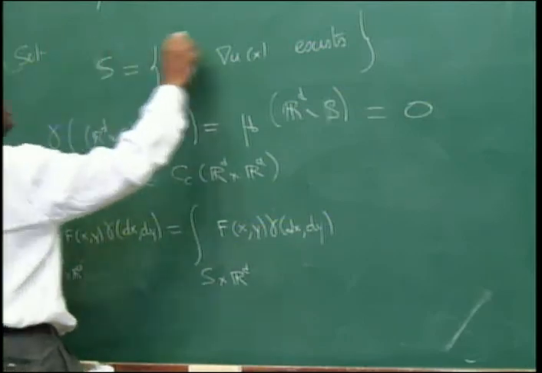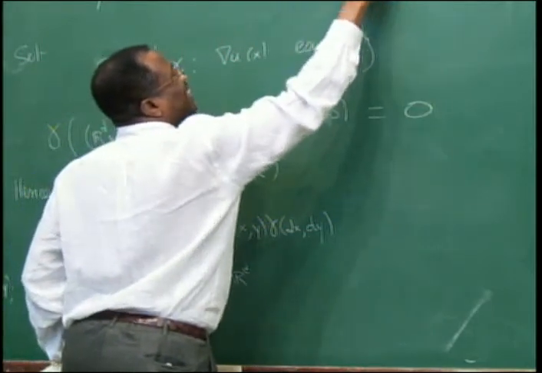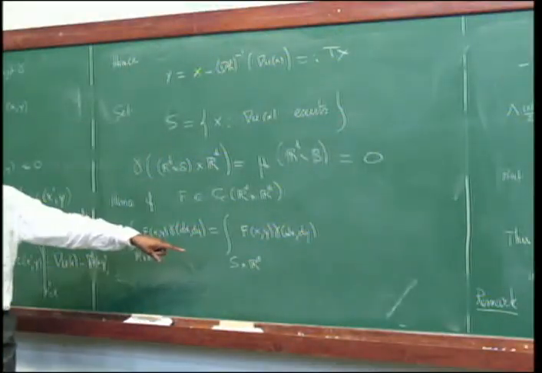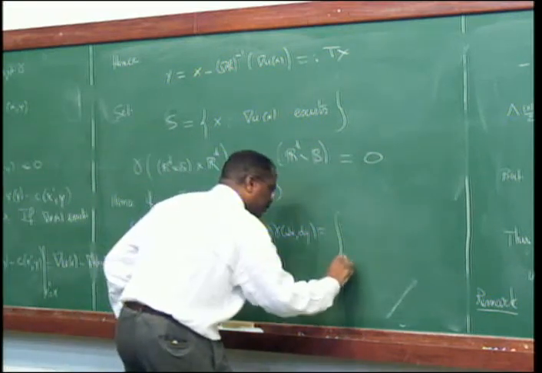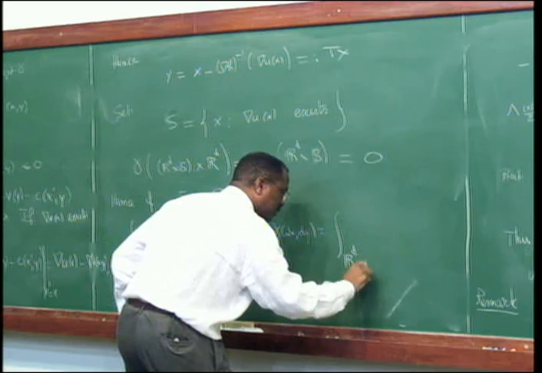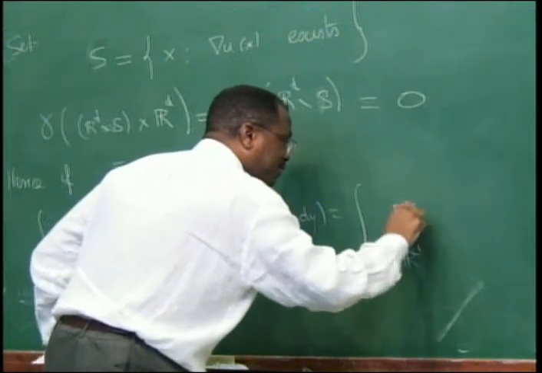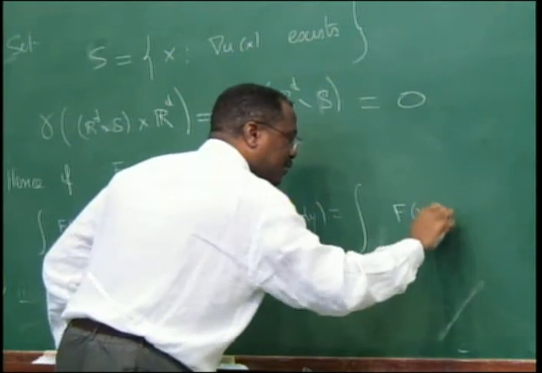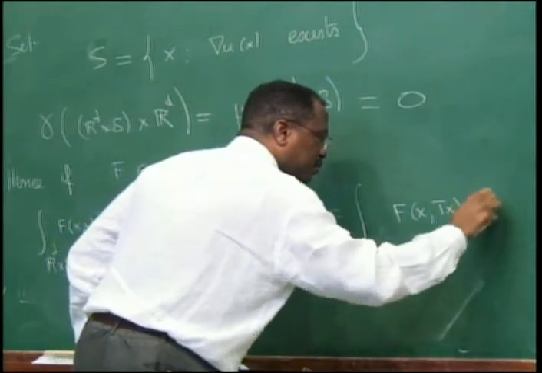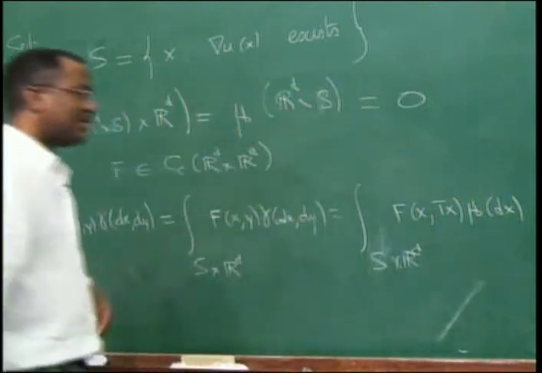So call this by definition T of x. When x is in S, then y is T of x. So this is the integral over R^d cross R^d of f of x, T of x, gamma dx dy.